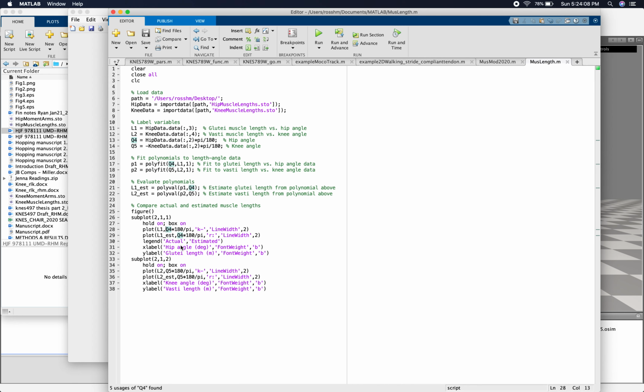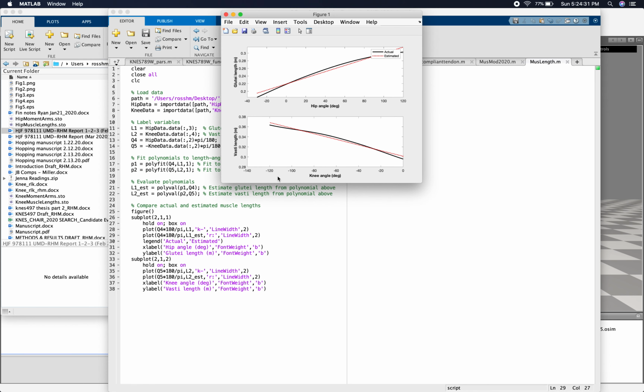Yep. Sorry, should be angle versus length, not length versus angle. Sorry about that. That should look a little better. There we go.